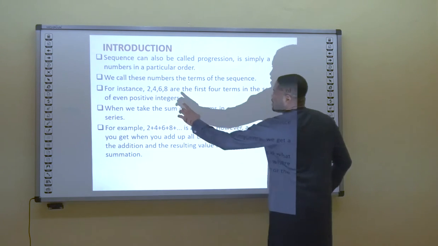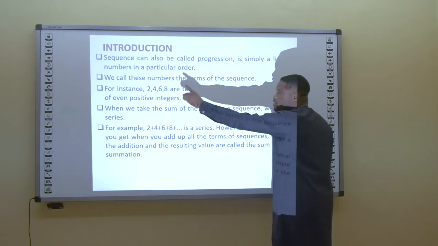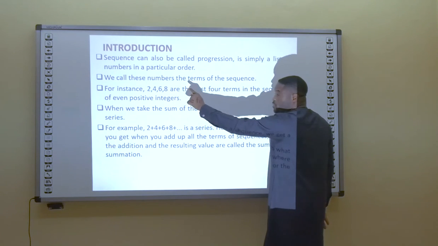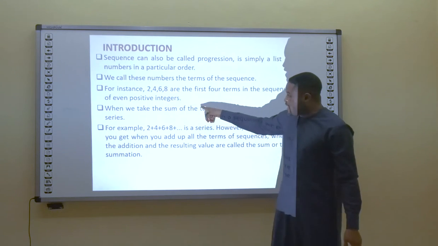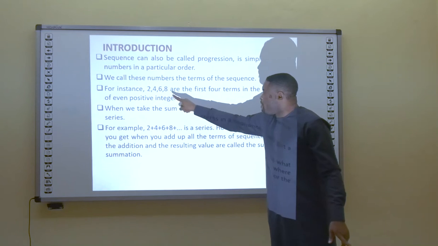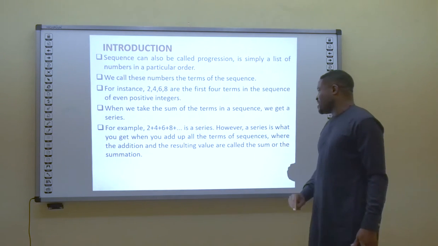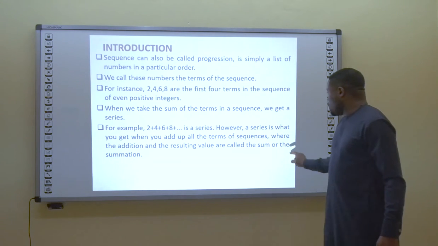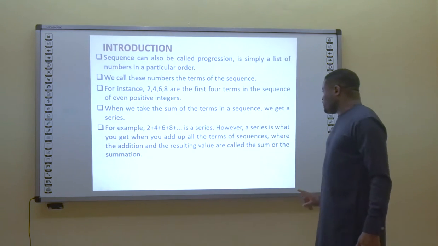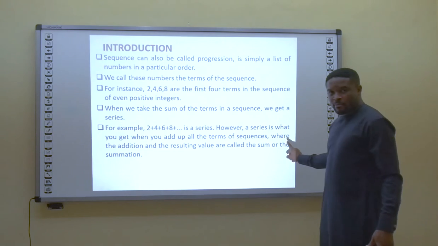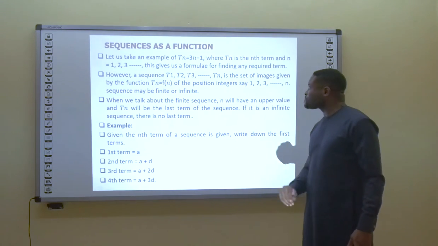So, if we have this sequence of even positive integers, and then we add all of them, then this now goes from a sequence to a series, which is what we have here on this slide. The addition and the resulting value are called the sum or the summation.